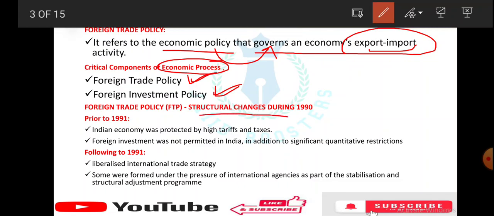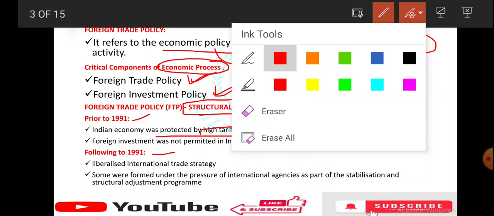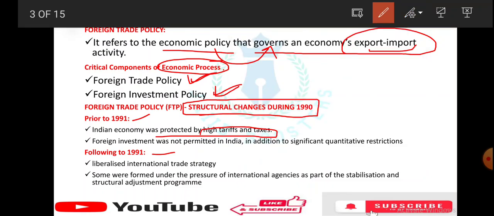What are the structural changes during 1990 in foreign trade policy? Prior to 1991, following 1991. First, before 1991, the Indian economy was protected by high tariffs and taxes. Foreign investment was not permitted in India, in addition to significant quantitative restrictions.